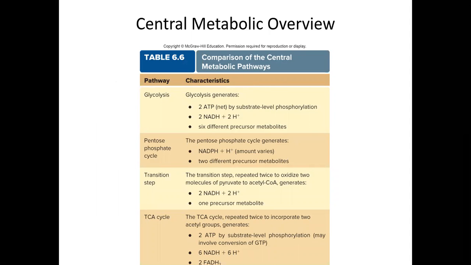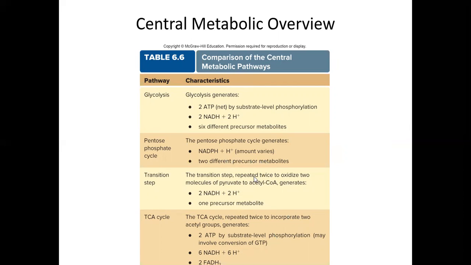Yeah, here's a good overview. So definitely knowing this chart would be useful, like what the precursors are. I would know the pentose phosphate precursors, the transition precursor, which one precursor metabolite?